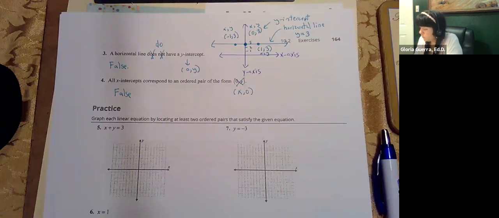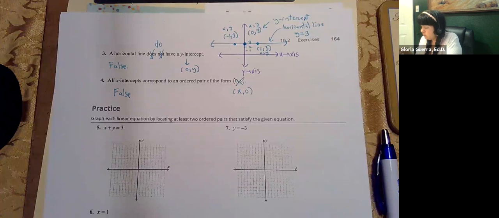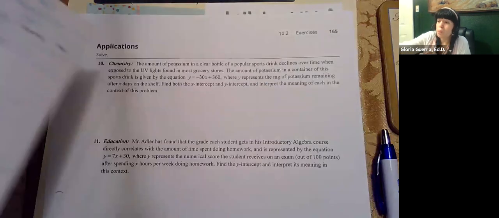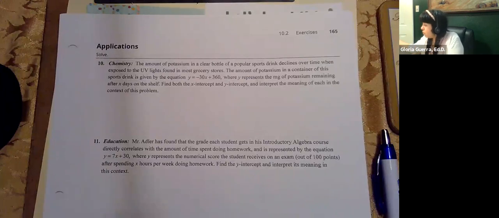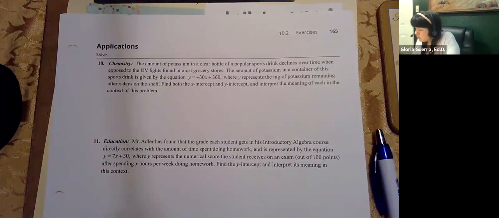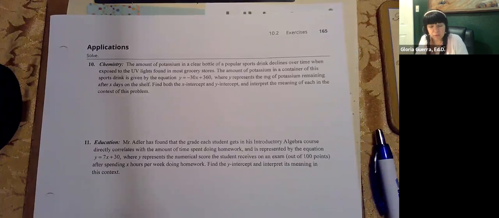Okay, all right. Now let's look at some of the problems that the math department made. Actually, let's look at 10 first, because these have to do with intercepts. The amount of potassium in a clear bottle of popular sports drink declines over time when exposed to the UV lights found in most grocery stores.